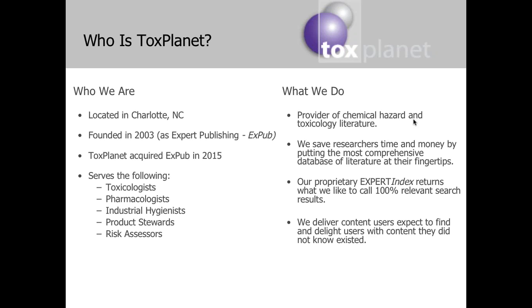We deliver content users expect to find, and then we delight users with content they did not know existed. We are often told, particularly at the Society of Toxicology meeting, that people really like our system, but what they like most about it is perhaps the discovery part of it, or discovering that there's content on a compound that they did not know existed.